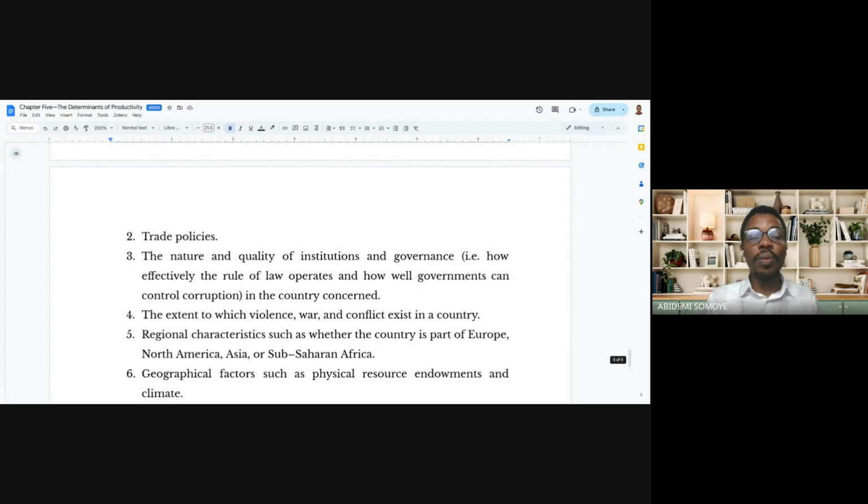Number four is the extent to which violence, war, and conflict exist in a country. I used to say to my students, if you can avoid war, violence, or conflict, as a leader, you have to find a way to always avoid it. Because the beginning of a conflict might take years and years before it ends, if the conflict ends.